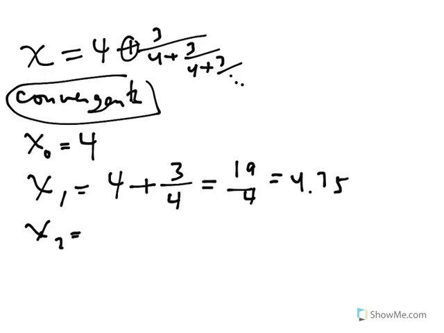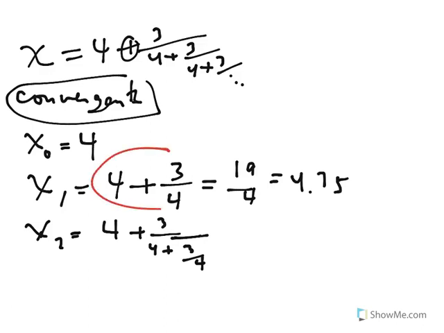Now I'll show you a little trick for the next convergent. So the next expression will be 4 plus 3 over 4 plus 3 over 4.